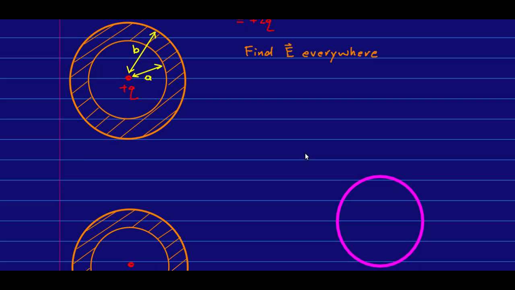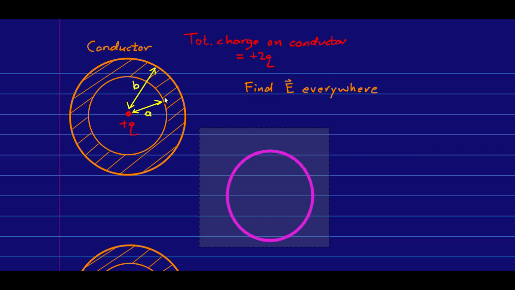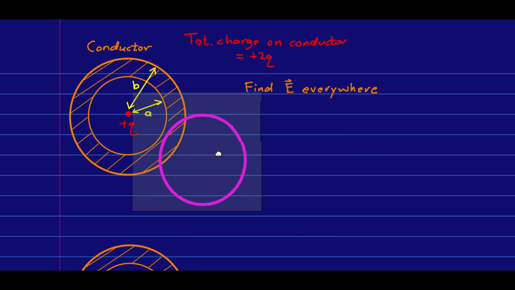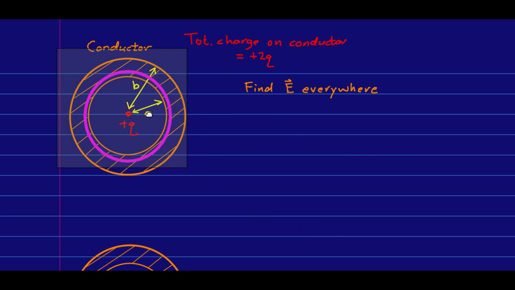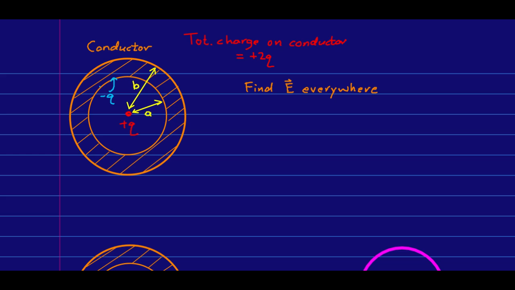Well, there's one piece that we already know. We know that the field inside the conductor, so at radii between A and B, is 0. And our Gaussian surface that we put in there then has a 0 flux through it, and that tells us the total charge inside that Gaussian surface is 0. And so since there's a plus q in here, there must be minus q on the inner surface of this conducting sphere.